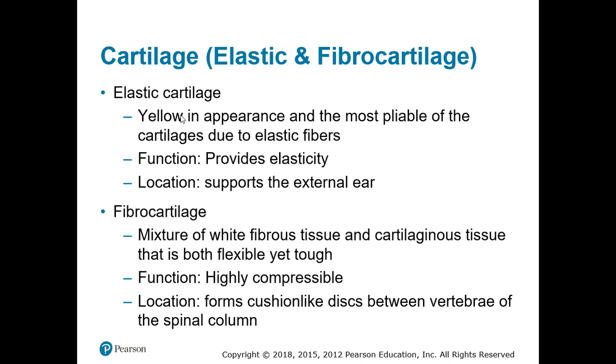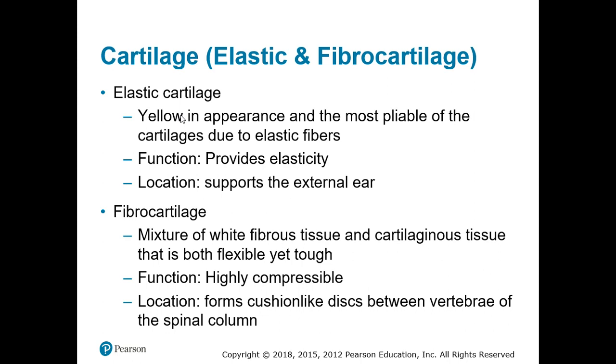Fibrocartilage, on the other hand, is a mixture of cartilaginous tissue, but also has some fibrous tissue mixed in. This allows this kind of tissue to be flexible, yet relatively tough. In fact, the function is it's highly compressible. You're able to push down on it.